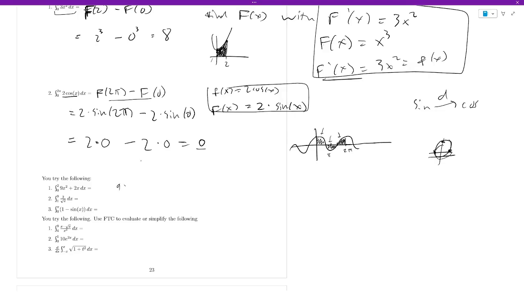So I'm going to have 9 x cubed over 3. I can do the antiderivative of each part separately. So this will be x squared, because when I take its derivative it's 2x. And then this expression is the thing that I'm going to be plugging 2 into and 0 into.